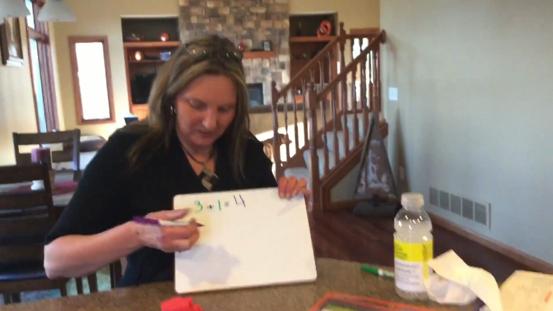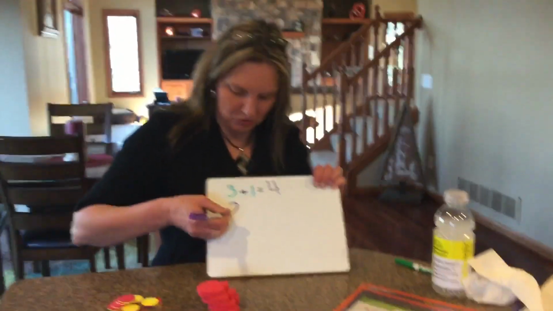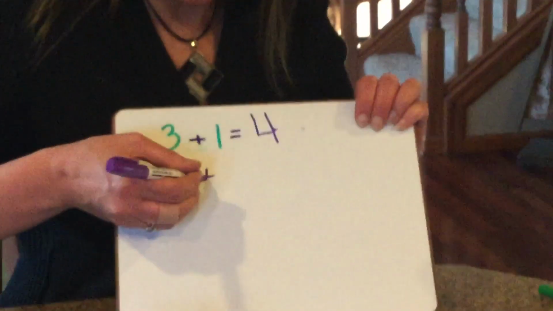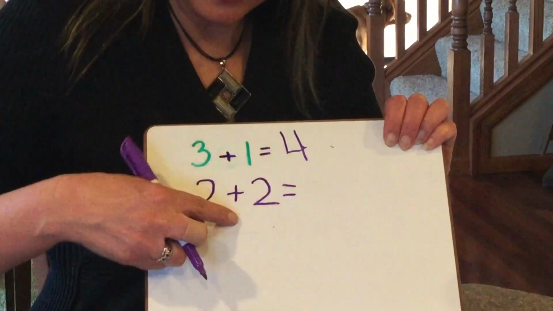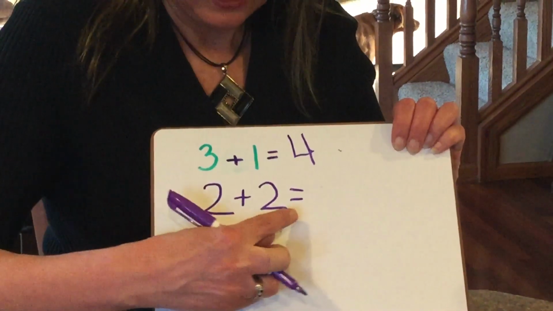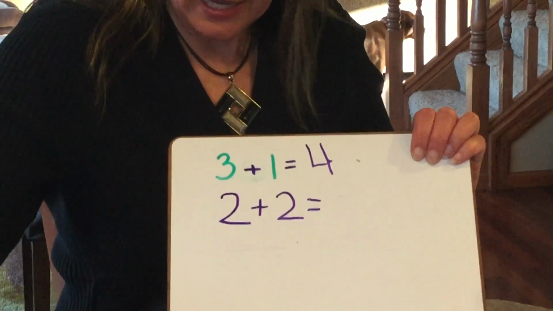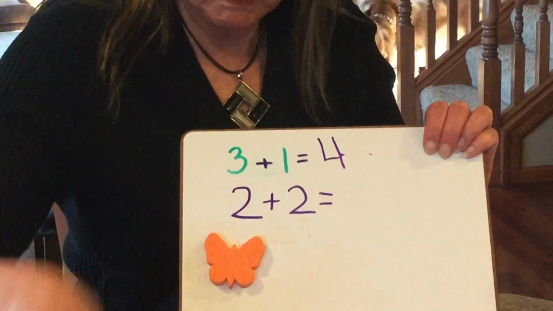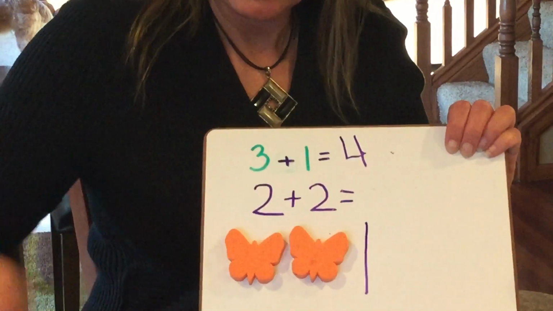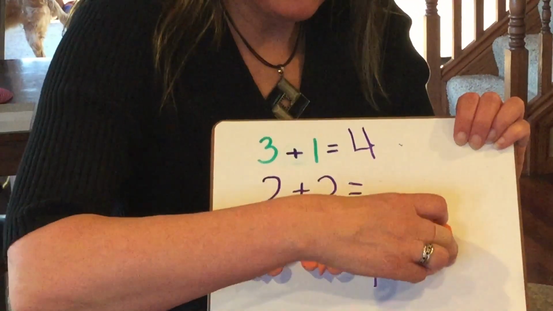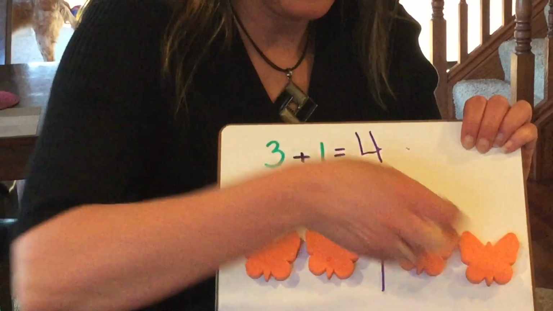Now the next one is 2 plus 2. 2 lines to show the plus sign, and that's equal. I had 2 butterflies. I found 2 more.